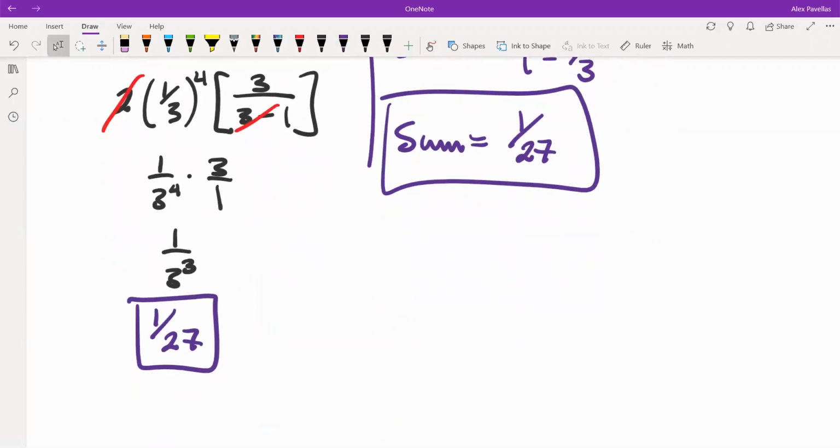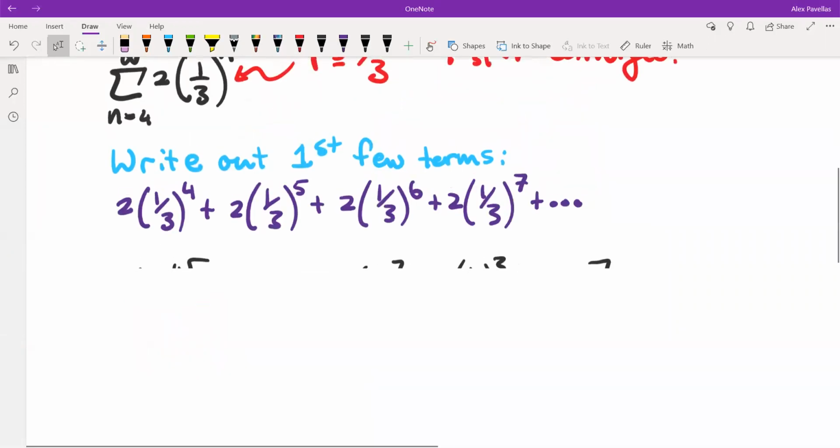Okay, so that's two different ways of evaluating the same sum. Okay, so what about the second problem?